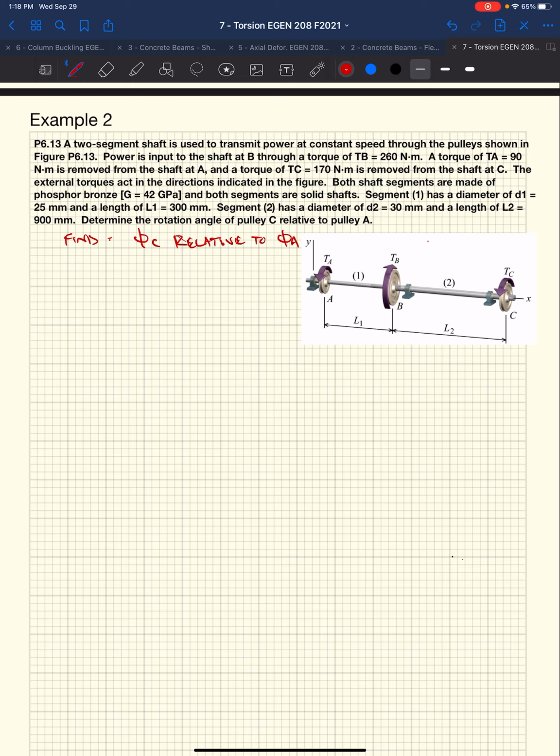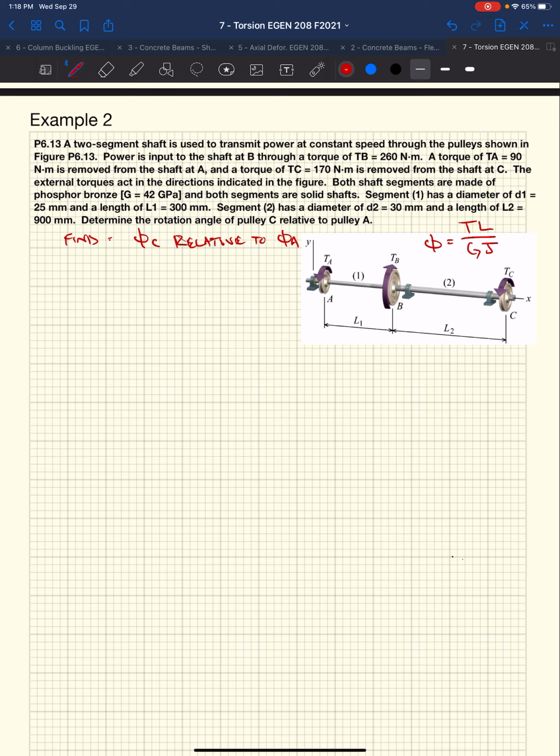We've got phi, or rotation, equals torque times length over G times J. Well, we're starting on this end, and we want to know how far C rotates relative to A, so we're going to want to start on one end and work our way over and see how this rotates.